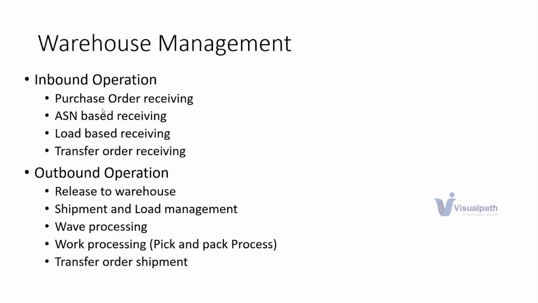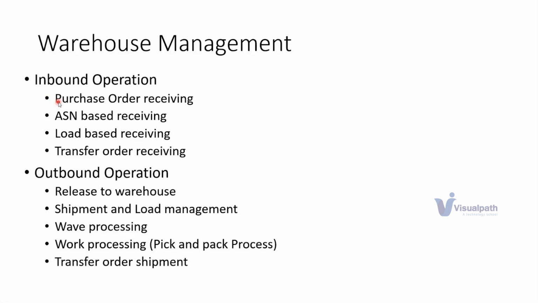So the difference between purchase order receiving and ASN is that here it will be a few clicks. You need to enter the ASN detail. There will be a unique ID which represents the ASN number, and based on that you can receive; on a single click, all the items will be received, and then moved to the respective location. Whereas in purchase order, you need to enter the purchase order number, item number, and then the quantity.